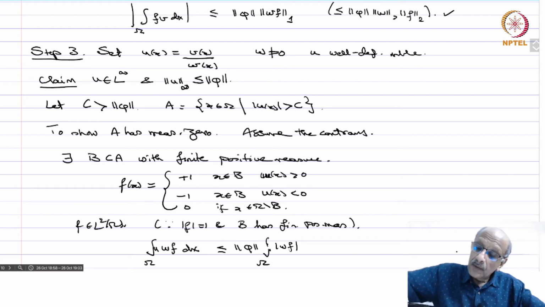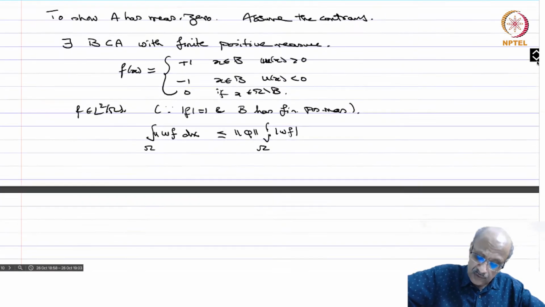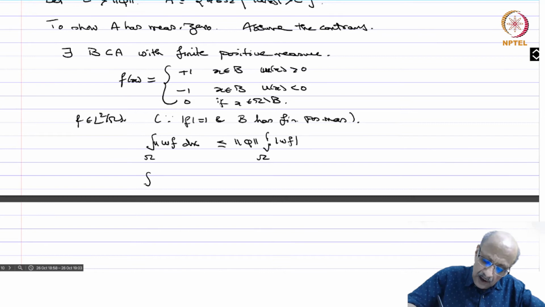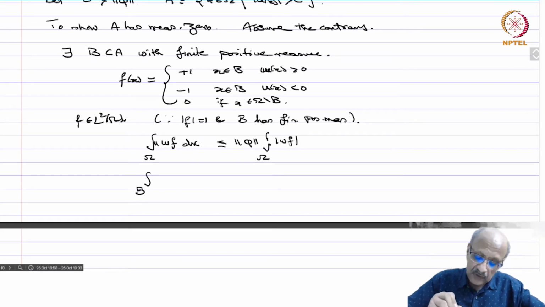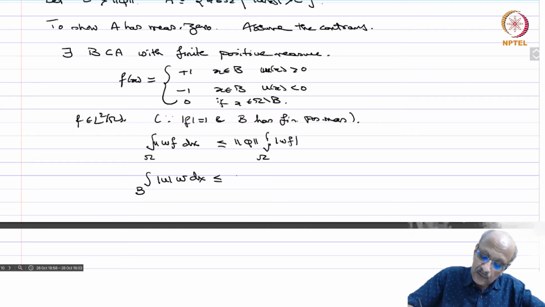Okay, now f is 0 outside B, so all the integrals come only to B, which has got positive measure, and then u times f is just mod u. Okay, so the integral of mod u w dx is less than or equal to norm phi times the integral on again B, because f is 0 outside, of mod w mod f.